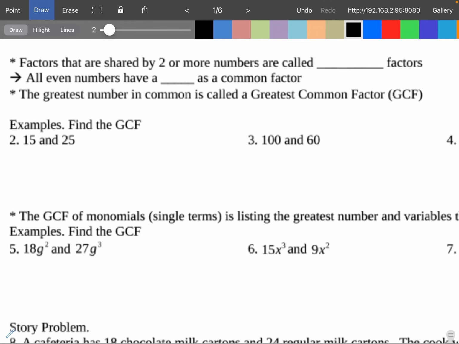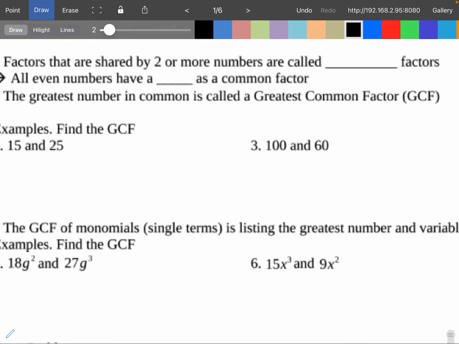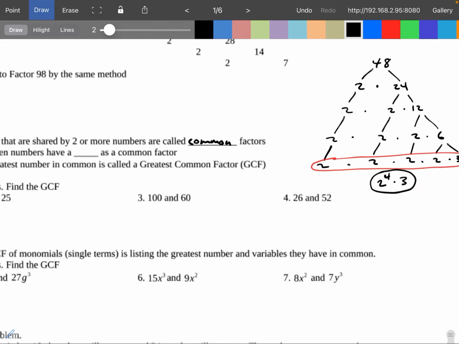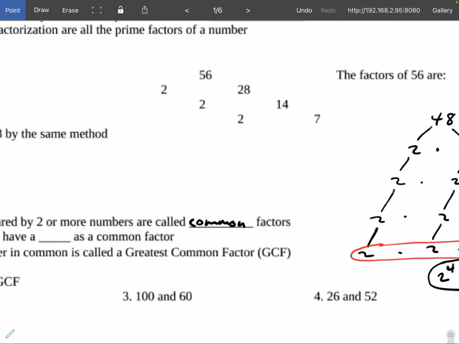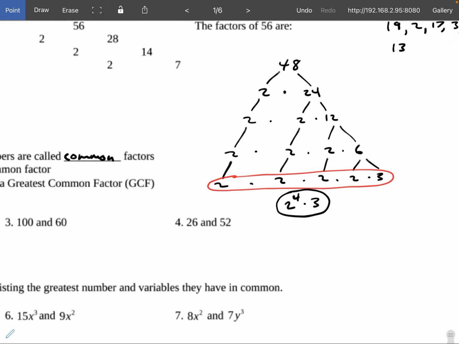All right. Factors that are shared by 2 or more numbers are called common factors. So right here you want to write in common. For example, on the ones we had here, 56 definitely had a factor of 2, right?